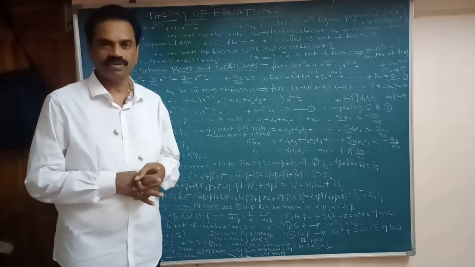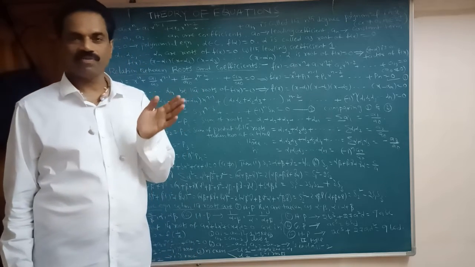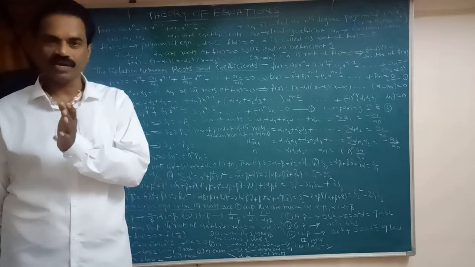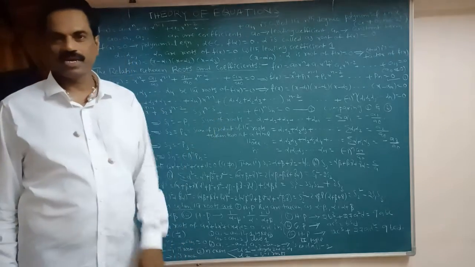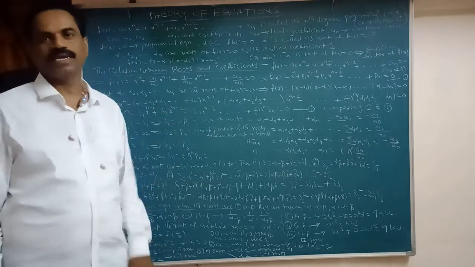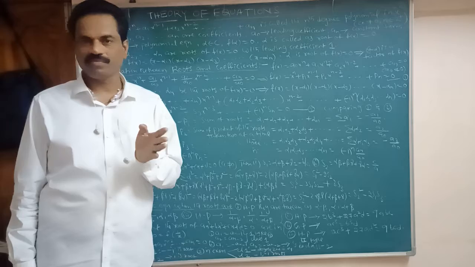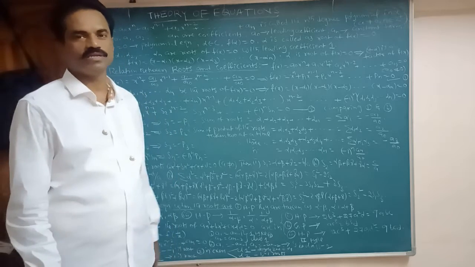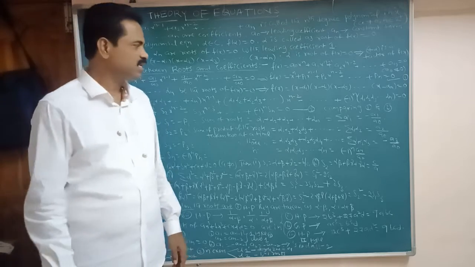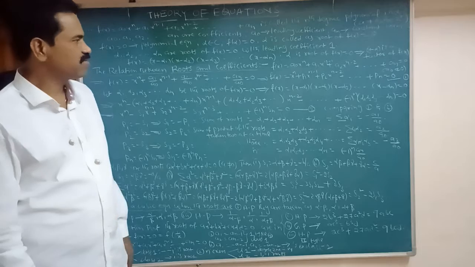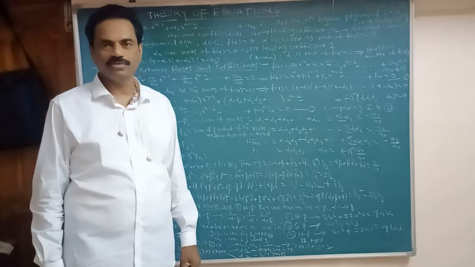After multiplying, this equation is of the form x power n minus the sum of the roots, alpha 1 plus alpha 2 plus alpha 3 and so on alpha n, into x power n minus 1, plus the products of the roots two at a time, that is alpha 1 alpha 2 plus alpha 2 alpha 3 plus alpha 3 alpha 4 and so on, into x power n minus 2. Next, three roots taken at a time, and so on, up to n roots taken at a time, that is minus 1 power n into alpha 1 alpha 2 alpha 3 and so on alpha n equal to 0.